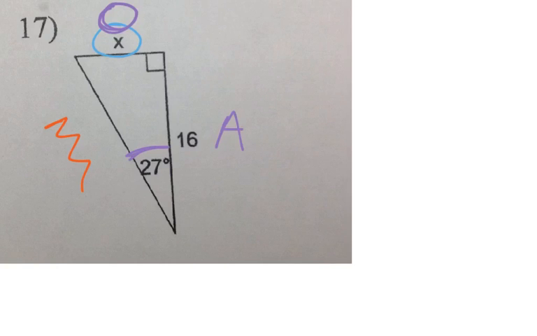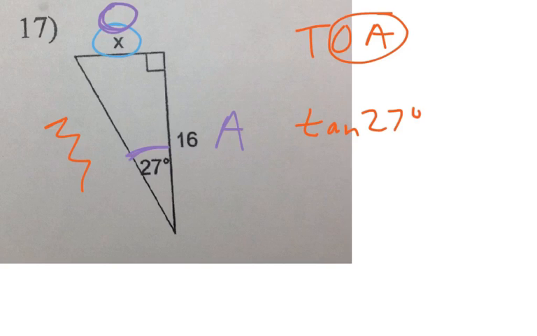So we have to be more selective here. What uses opposite and adjacent? Well, TOA tells us that tangent is opposite over adjacent, right? So that's how I know I'm going to take the tangent of 27 degrees, and that's going to equal the opposite over the adjacent side, x over 16.